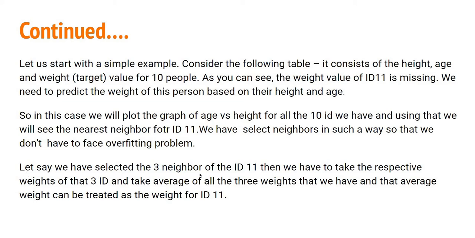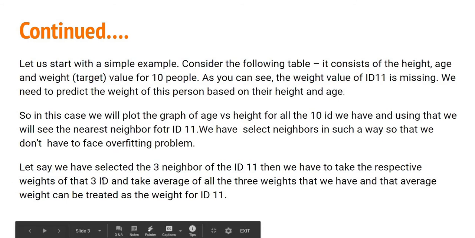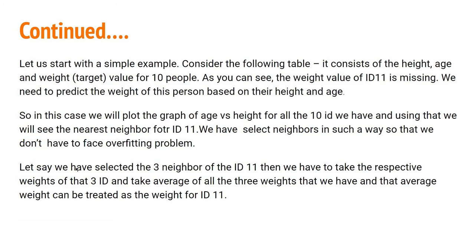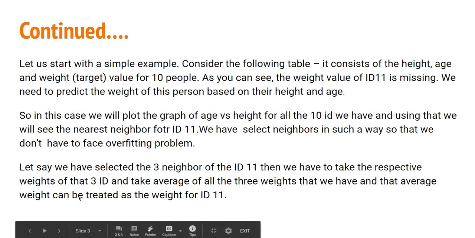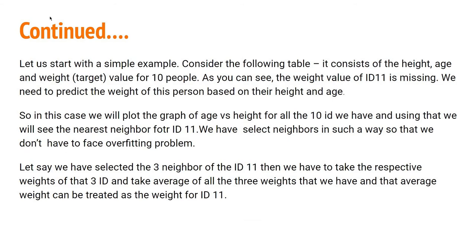So let's say we have selected the three neighbors of ID 11, and then we take the respective weights of all three IDs. We then take the average, and say that the weight of ID 11 is the average we got. So this is the whole concept.